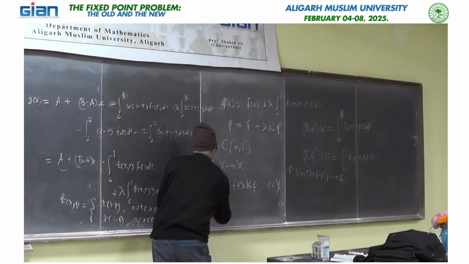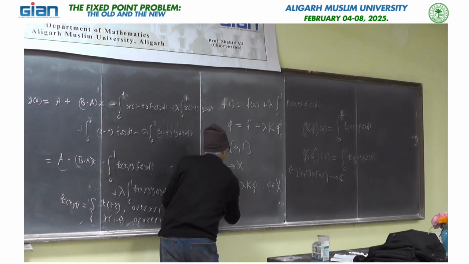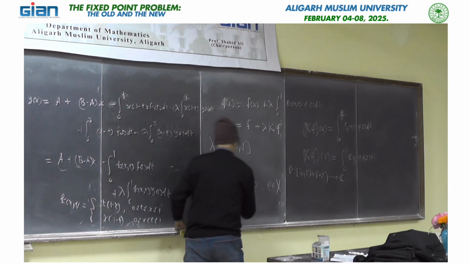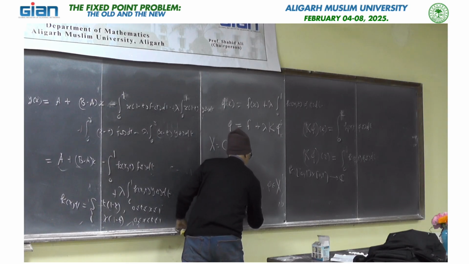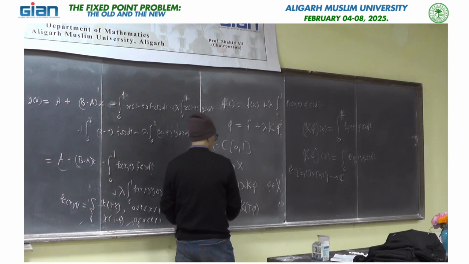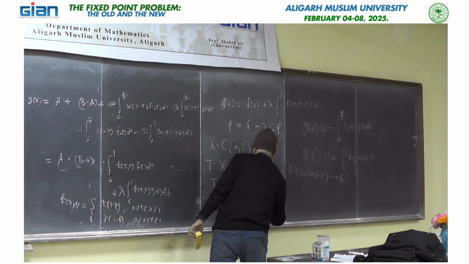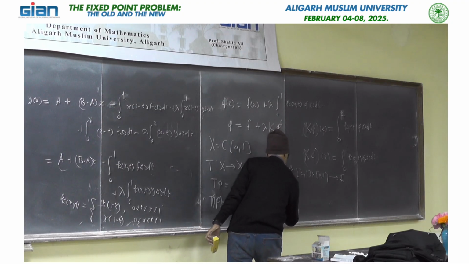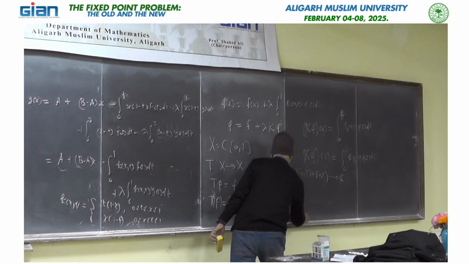So you have now, let's say, T squared of phi. T squared of phi is T of T phi. Here you simply substitute that T phi there. So you have f plus lambda K of (f plus lambda K phi).